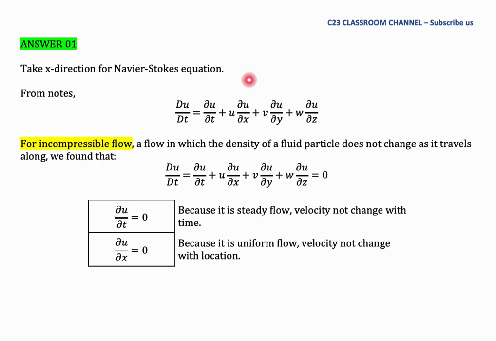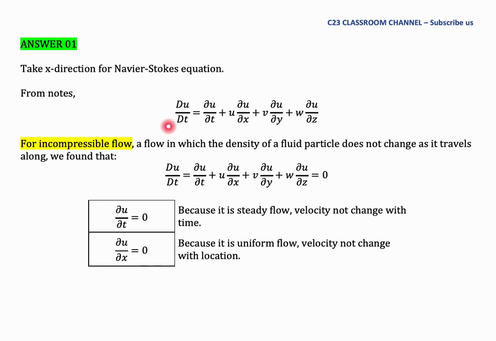Because we are solving a problem with the movement of fluids, we need to use the Navier-Stokes equation. And from the question, we know that the fluid flows in the x direction, so it is better for us to use the x direction of the Navier-Stokes equation.